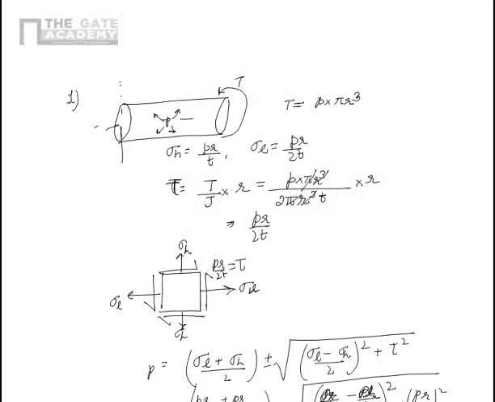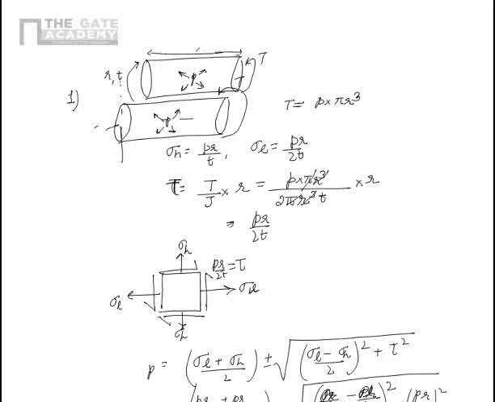In the same example problem, if I do not specify the value of T and just leave it as T itself, and I give you the problem saying figure out the value of torque which needs to be applied such that the minimum principal stress is 0. Now let's see how we can do that. So the same problem I will replicate here. This is a torque like this, and there is a pressure P acting like that, and other parameters are all usual.